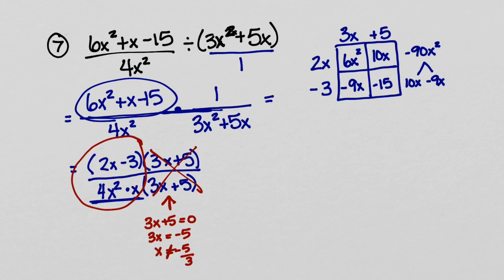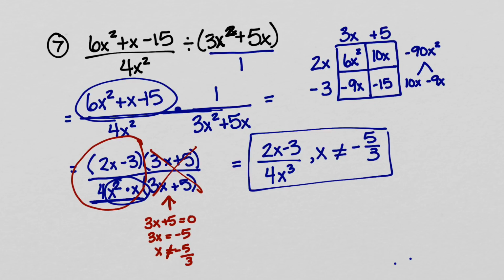In my final answer, the numerator is 2x minus 3. And let's simplify this bottom just a little bit. I have an x squared times an x, which is x cubed. And then we just said x cannot equal negative 5/3. So that is as simplified as that expression gets.